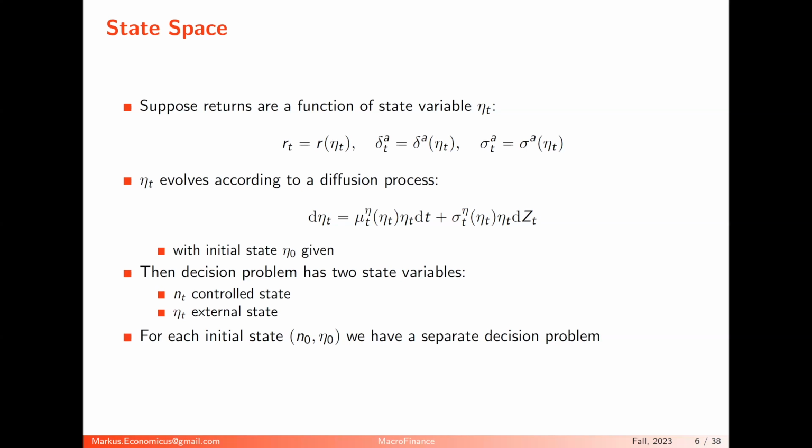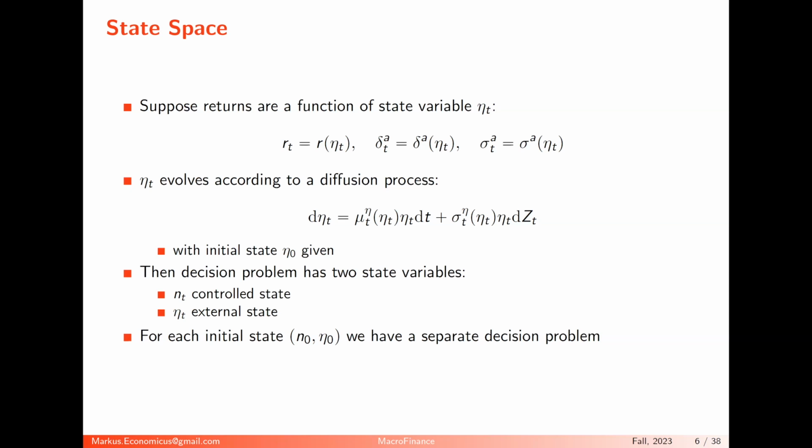And then there's a state space, given by a state variable eta. Later on, this will be an endogenous wealth share, but today it will be just an exogenous process. The risk-free rate can be a function of eta, the risk premium can be a function of eta, and the risk itself is also a function of eta.